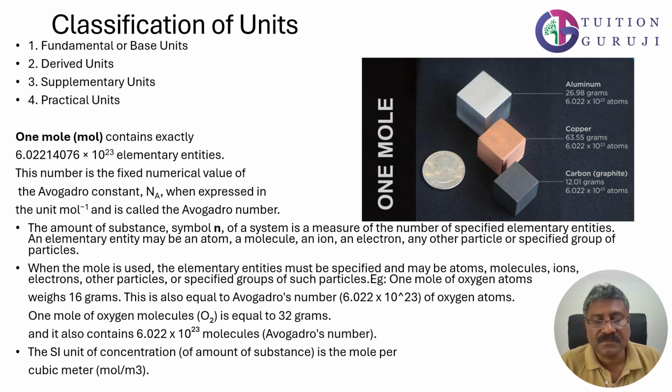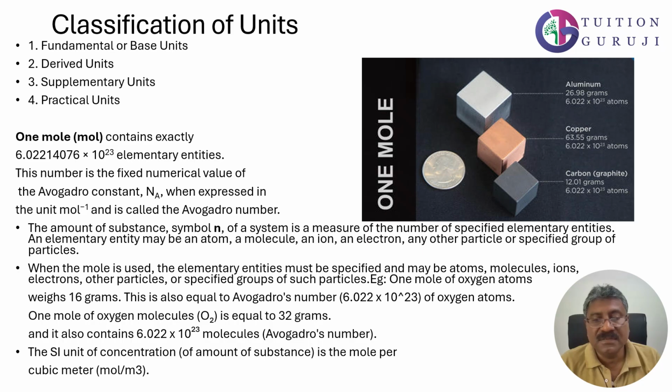The amount of substance n of a system is a measure of the number of specific elementary entities.